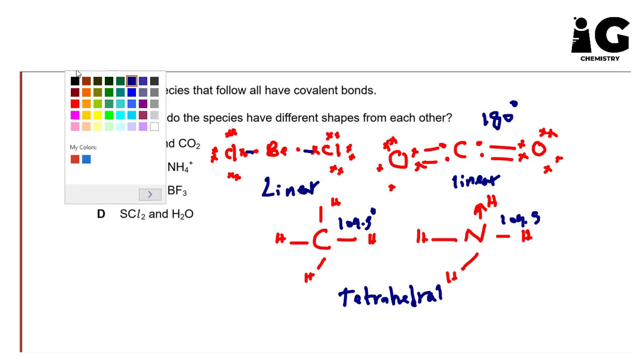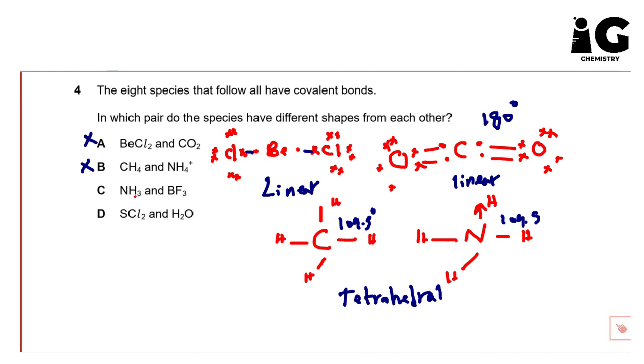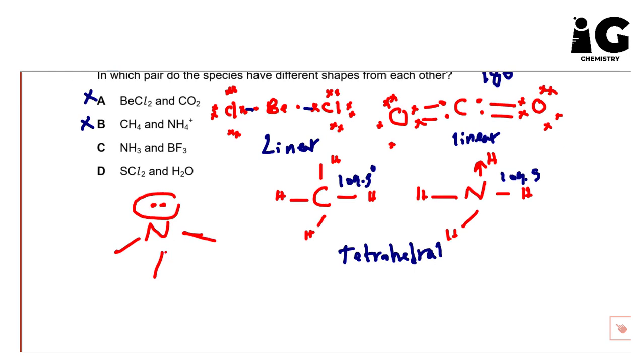Let's check the third one. Here, guys, we have NH3 and PF3. In NH3, we said this is N, and we have 1, 2, 3. Okay? Actually, here we have 1 lone pair in the case of ammonia. So this shape is called trigonal pyramidal.